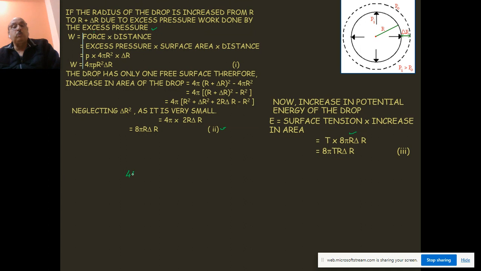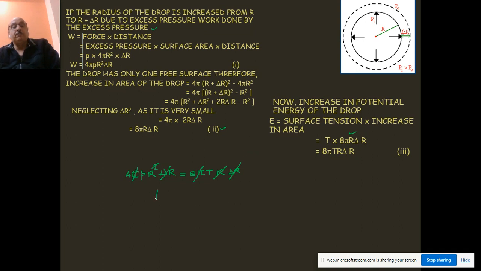That is, we may equate equation number 1, 4 pi P R square into delta R, is equal to 8 pi T R delta R. Delta R will cancel. The square of R will be cancelled. Pi will also cancel.